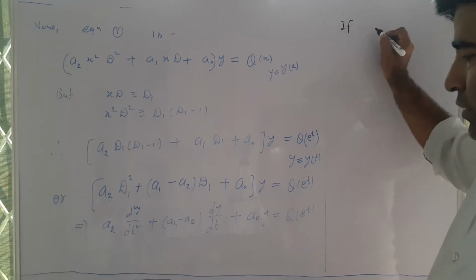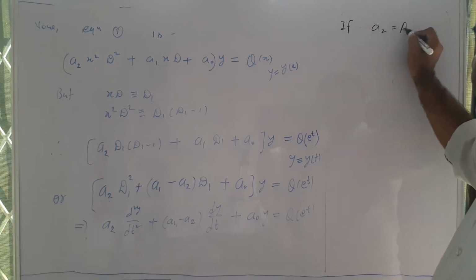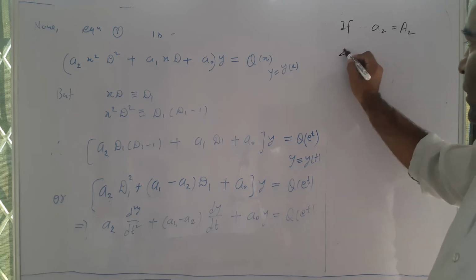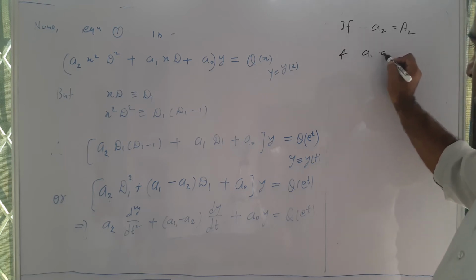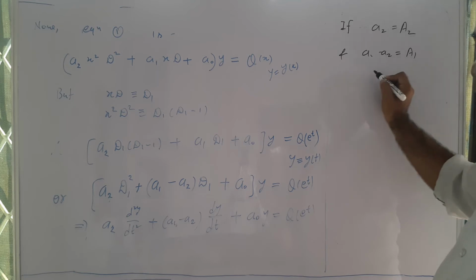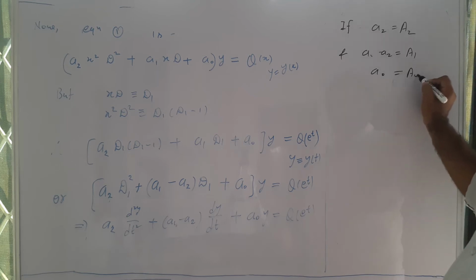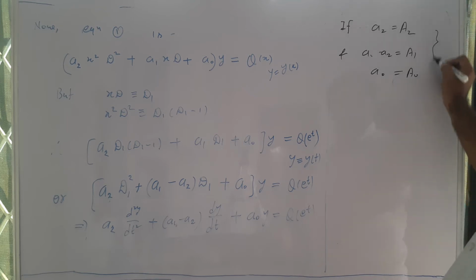We take a2 as capital A2 and a1 minus a2 as capital A1 and a naught as capital A naught. These are all constants.